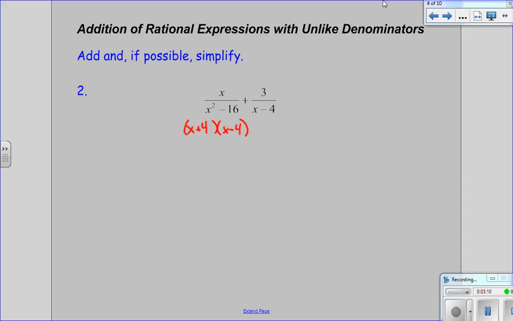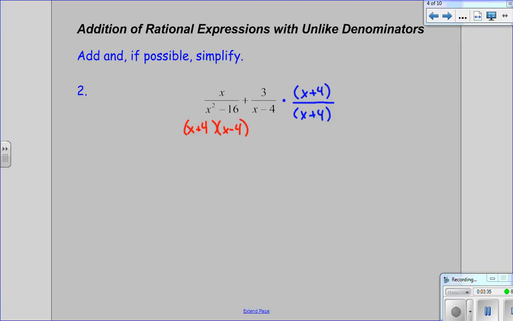And now we can look at our two denominators and determine what we would need to do to one or both of them in order to have equivalent denominators. And so let's look. Our right fraction is missing the factor x plus 4. So if I multiply the right fraction by x plus 4 over x plus 4, I should have the same exact denominator of x plus 4, x minus 4.